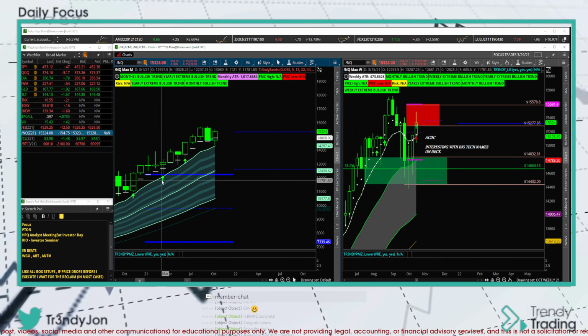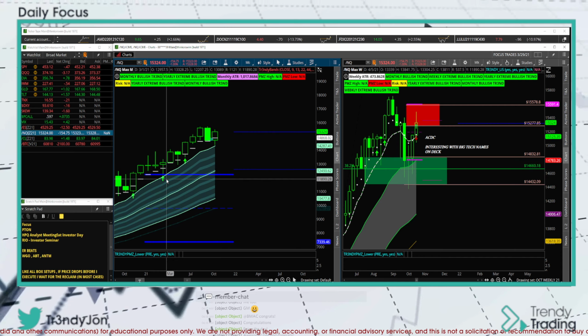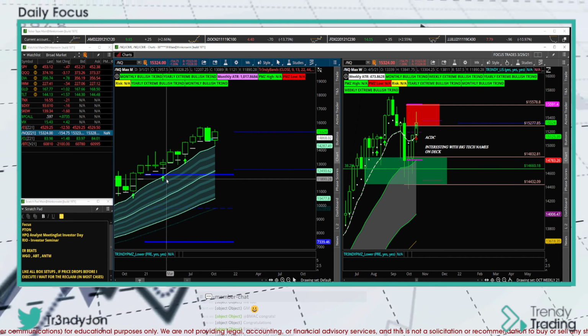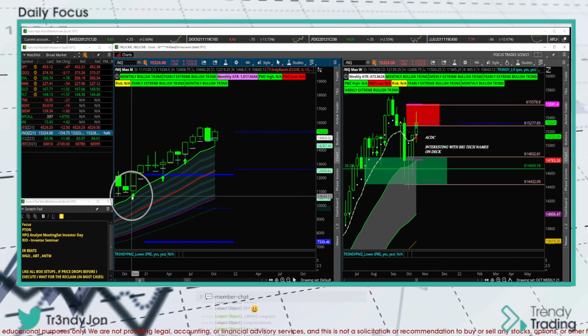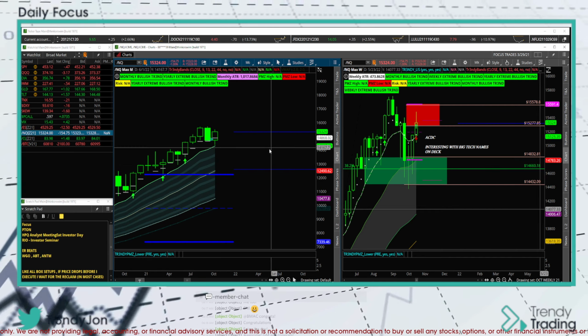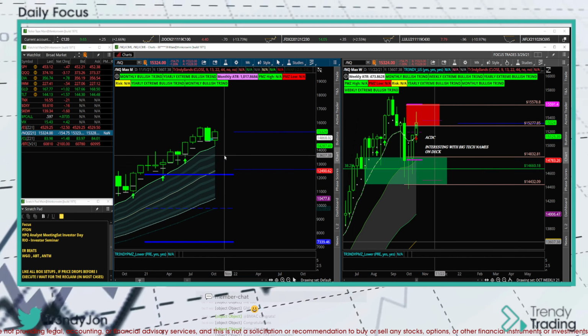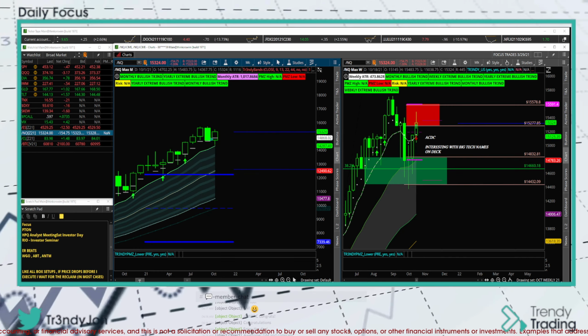These green arrows are proprietary buy indicators for trendy trading. I love it. Really, at the end of the day, we could just follow these green arrows, and you can see every time these have popped up, this has been a great buying opportunity over here in the NASDAQ. On the monthly, again, it's holding this EMA cloud, and that's a good thing.